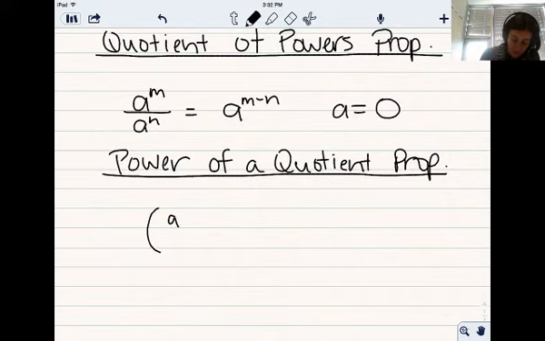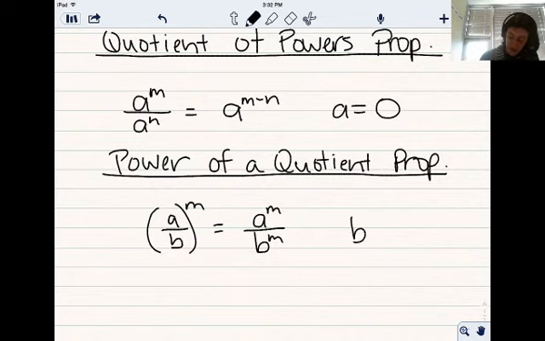In this example, I've got two numbers being divided, and the exponent outside the parentheses. It looks a little like the distributive property. I basically just take the numerator and the denominator to that power. So it would be equal to a to the m power over b to the m power. And in this case, b couldn't be 0 because we can't have 0 in the denominator.